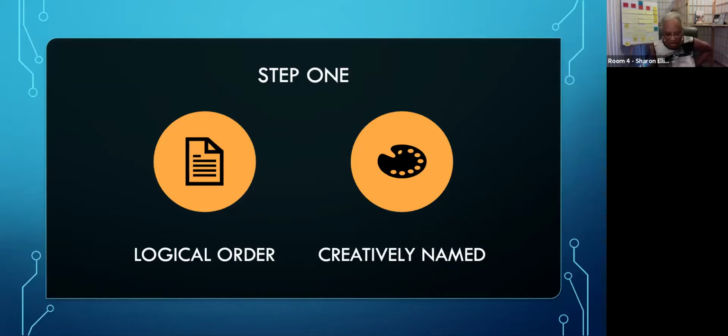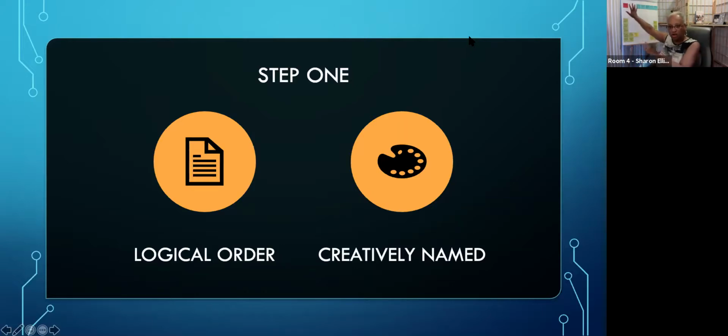Okay, so step one: you're going to put the information in your chapters in logical order and then creatively name the chapters. So when we're talking about you guys who are using your storyboard, your table of contents includes the information that's going to go in the book.